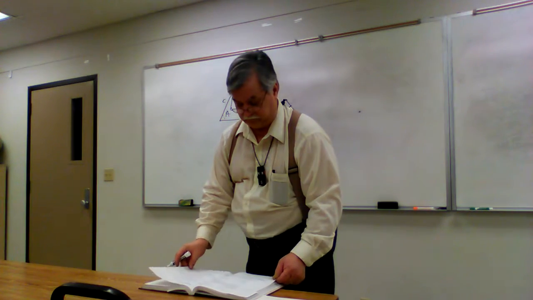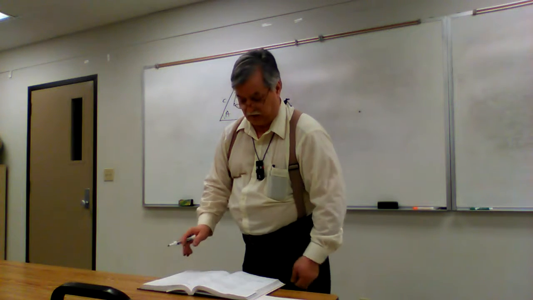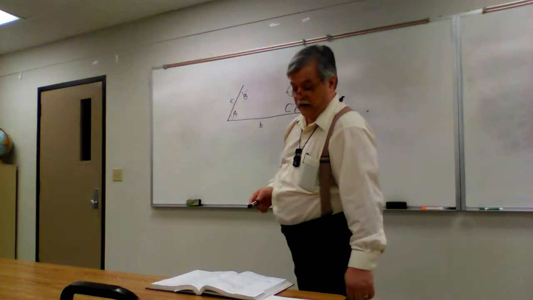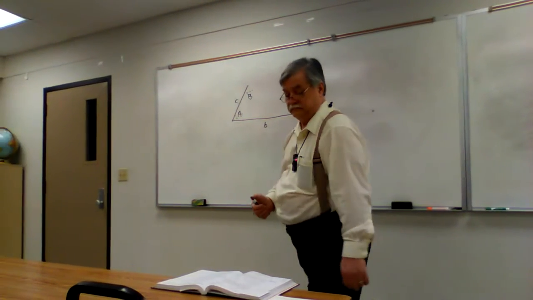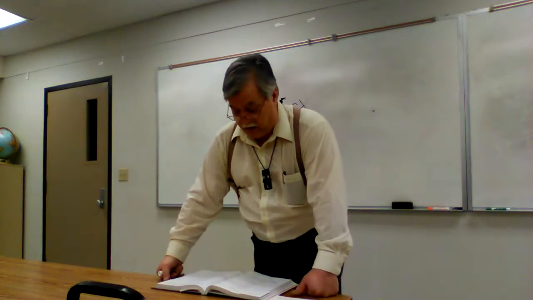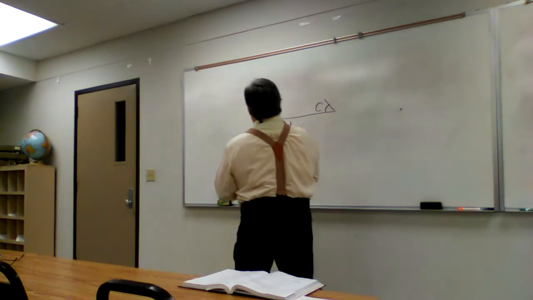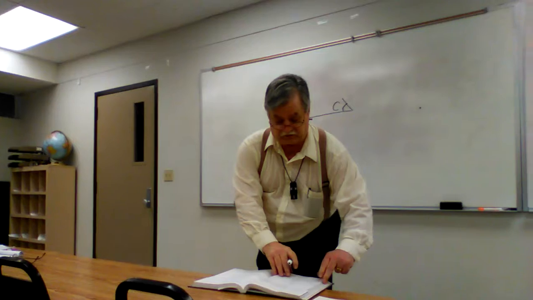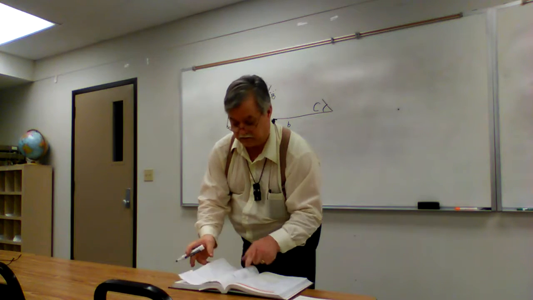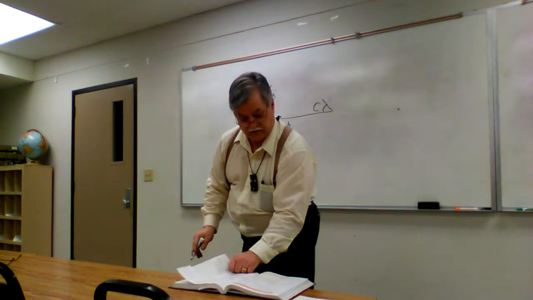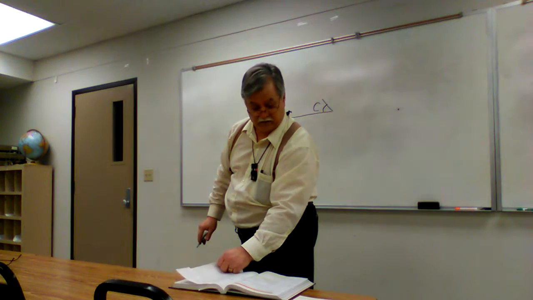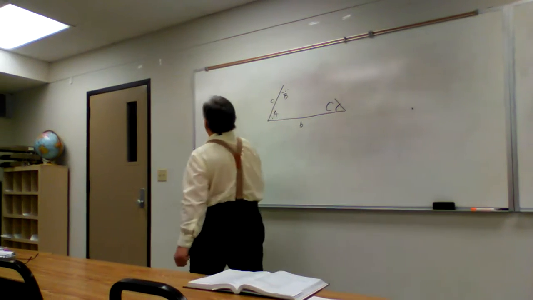All right? So, let's look at how this might be. And they call this the ambiguous case. Just to reference it to your book, it's case 2, SSA, side-side-angle, on page 272.